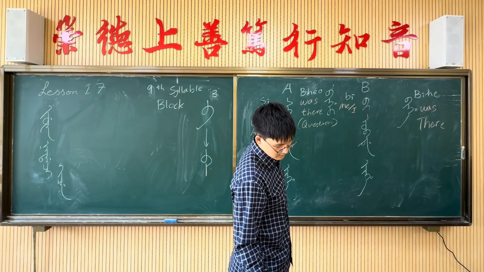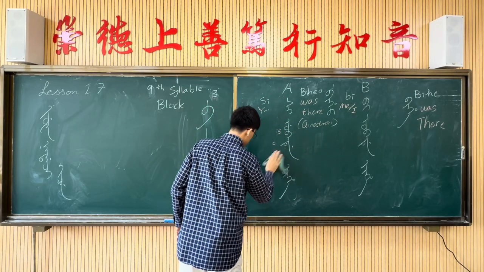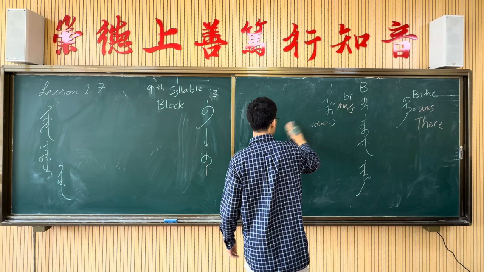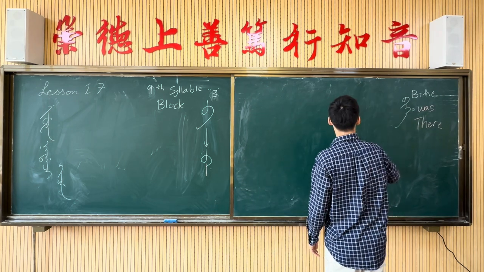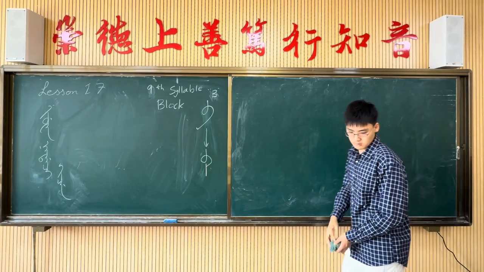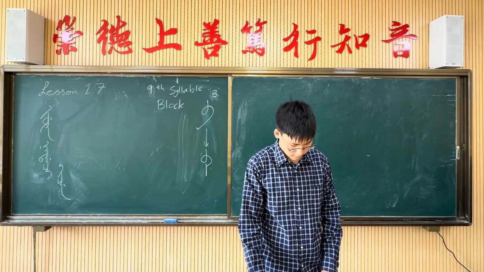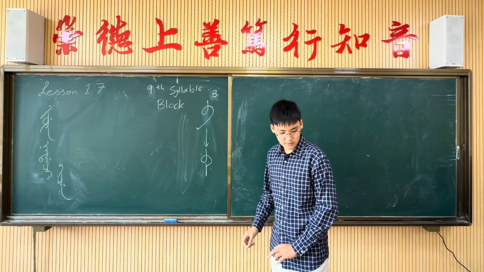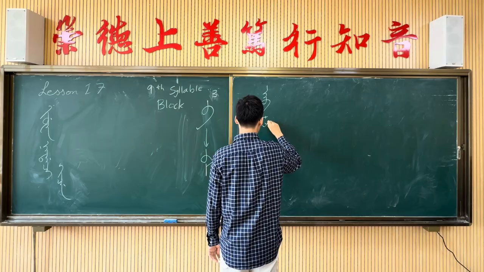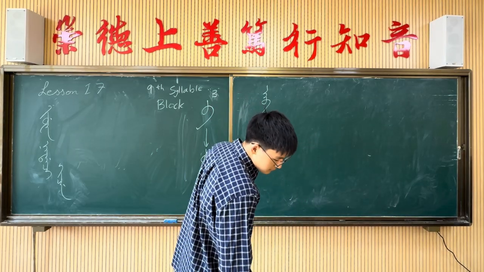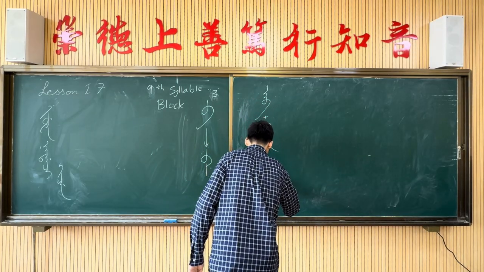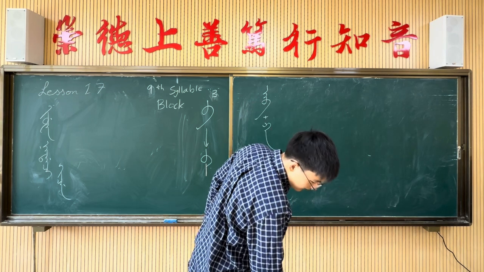Okay. Now I'm going to erase this now, and we'll move on to the next part of the lesson, which is connecting some more words. Okay, first we have abka. Abka. All right. When we connect ab with ka, it's going to be abka, which means sky or heaven.